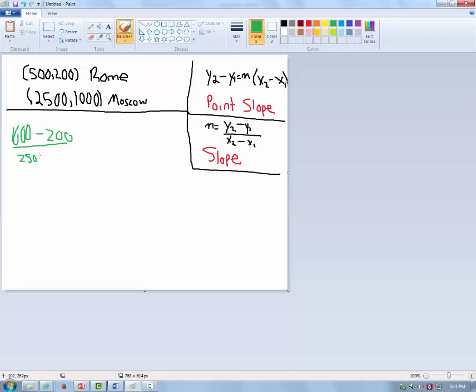You have to remember which one's the second point and which one's the first point. So that gives us 800 over 2000, which simplifies down to 2/5.